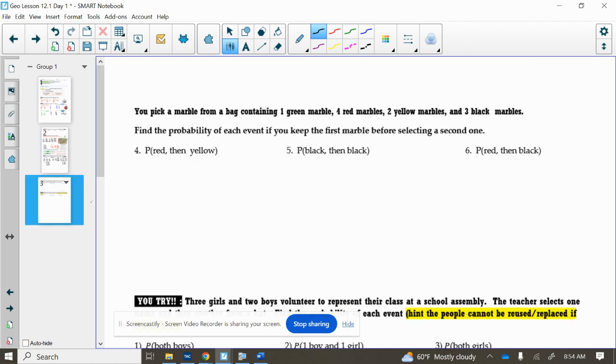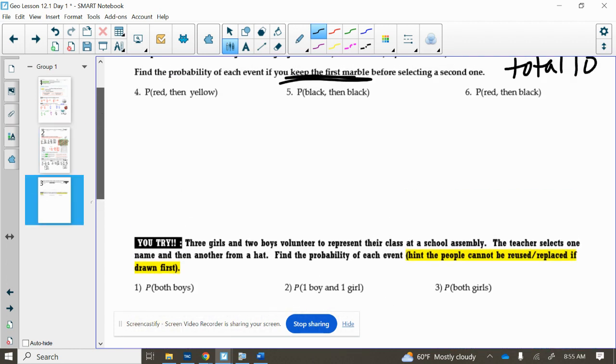Now that is going to be a slightly different outcome than what happens if we do not replace it, right? We keep the marble out of the bag before we select a second one. So again, we still have a total of 10 marbles to start. So if I'm starting with trying to find red, my probability that I pull a red is 4 out of the 10, right?